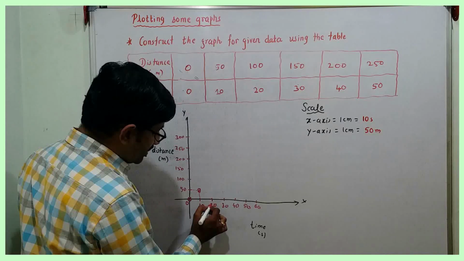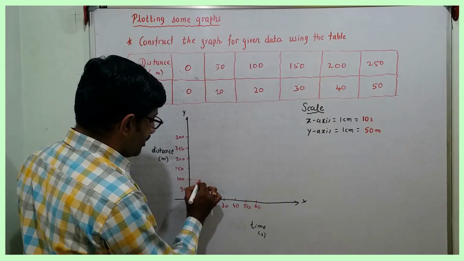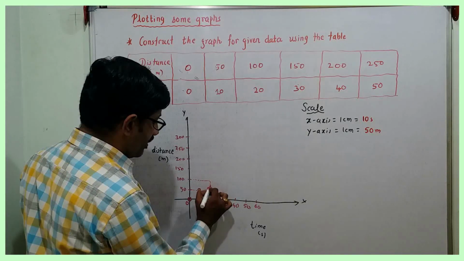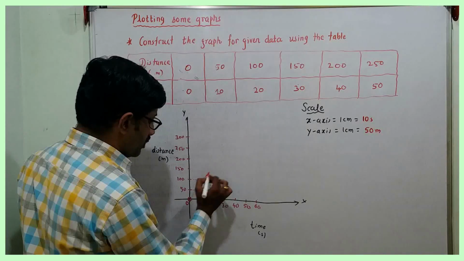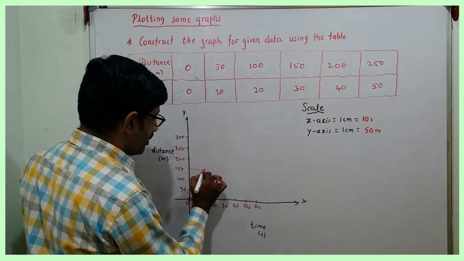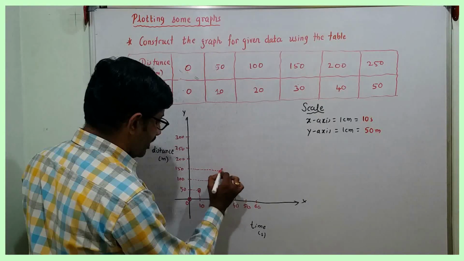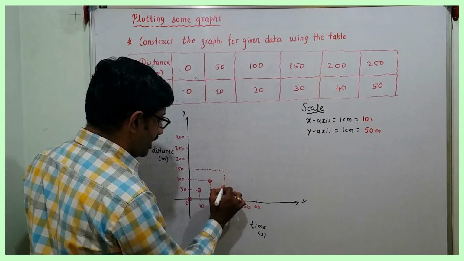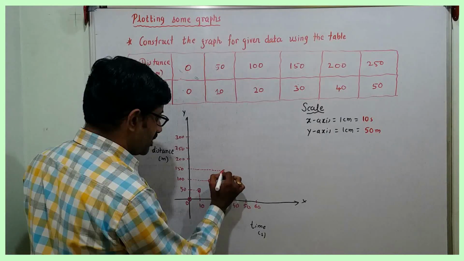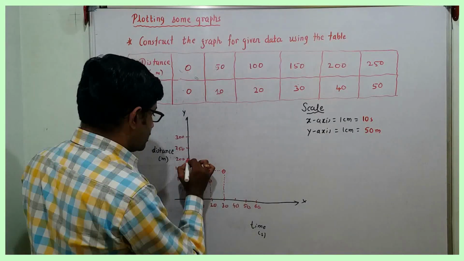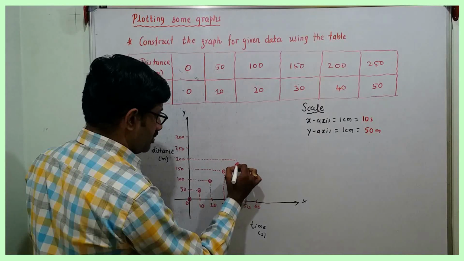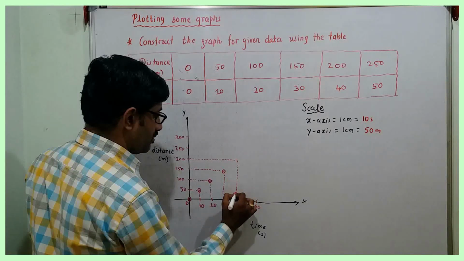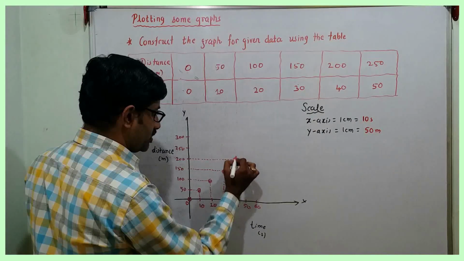And similarly for 100 we have this point at 20. Similarly for 150 that will be at 30. So this is our point. Similarly for 200, so this is our point.